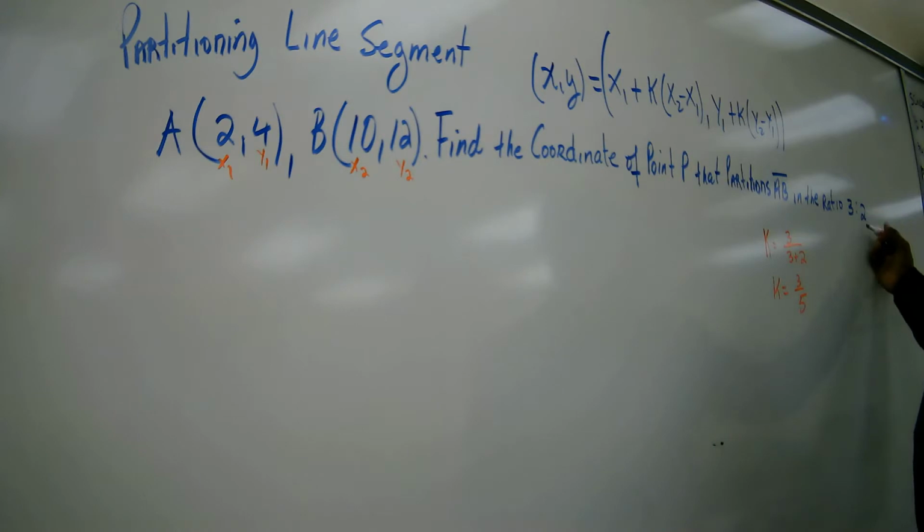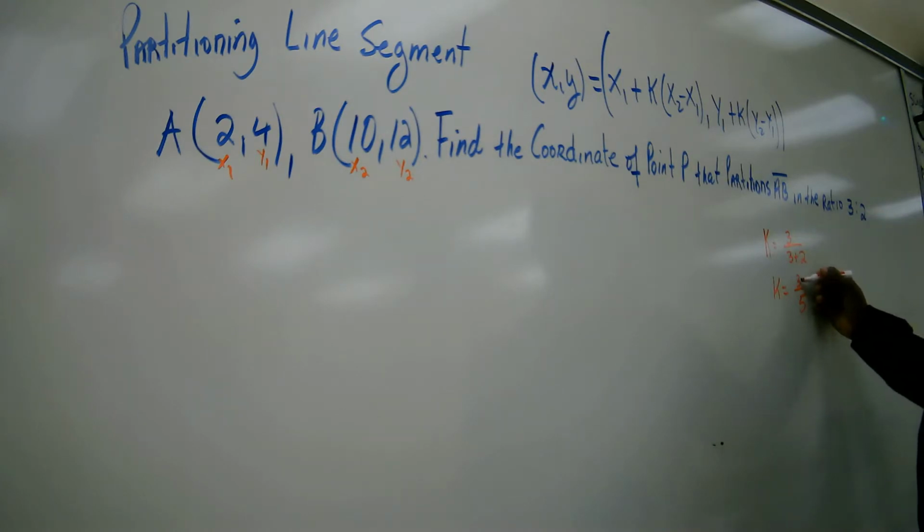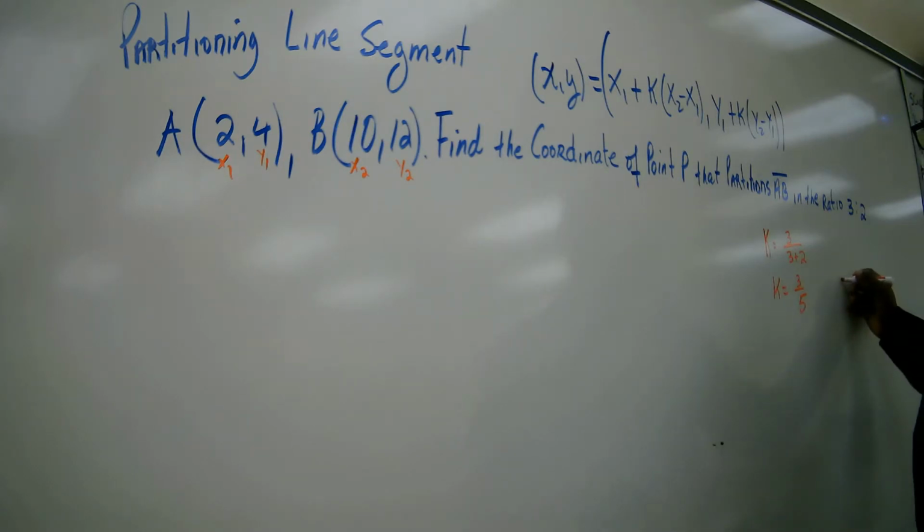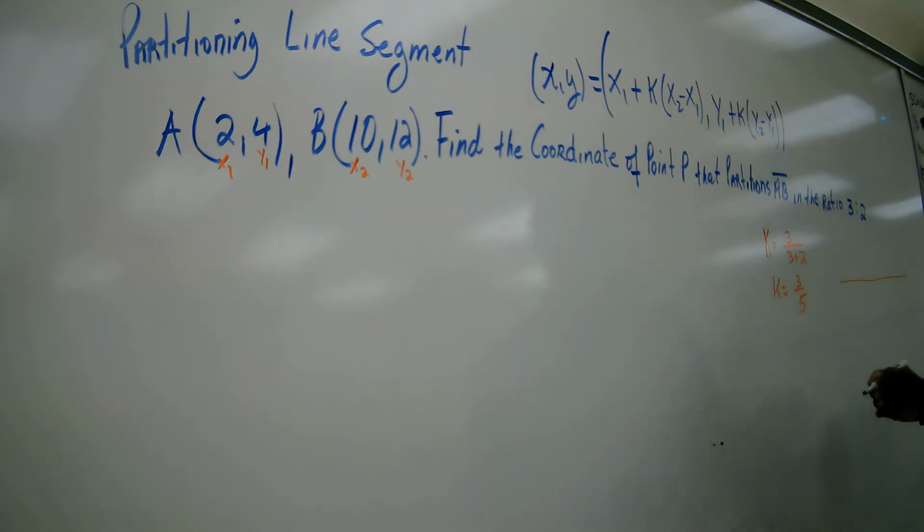The entire whole is 5, so we're going to divide the segment into 5 equal pieces. So 1, 2, 3, 4, 5.